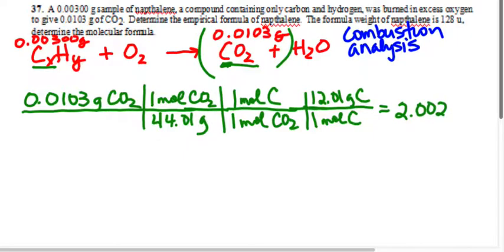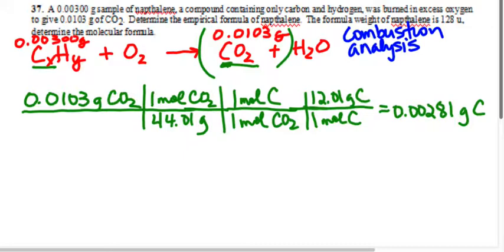It's times 10 to the something. All right, grams of carbon. That's how many grams of carbon are in that carbon dioxide, which means that's how many grams of carbon are in my compound. All right, now we need grams of hydrogen.